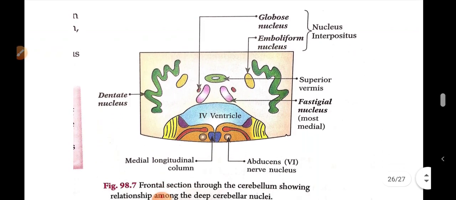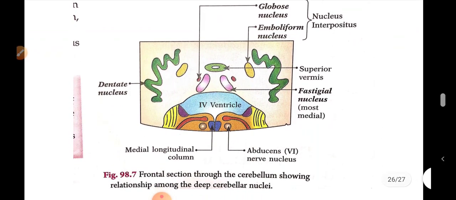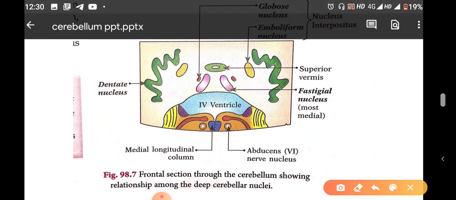Again in the diagram you can see the dentate nucleus, and in the center there is the globose nucleus. This is the emboliform, this is the globose, and this is the fastigial nucleus.